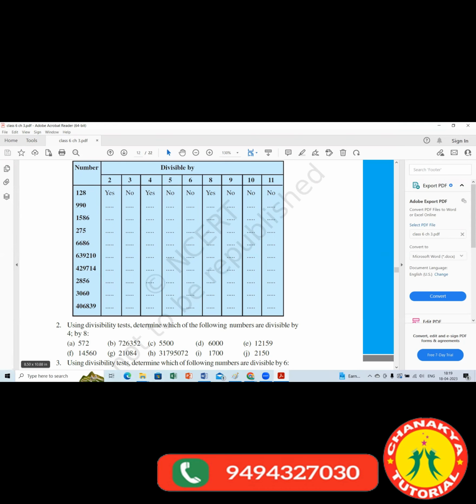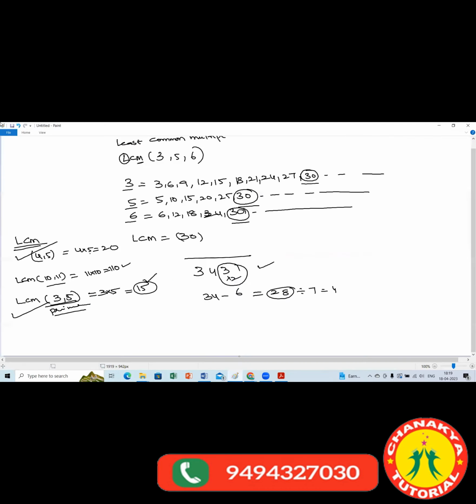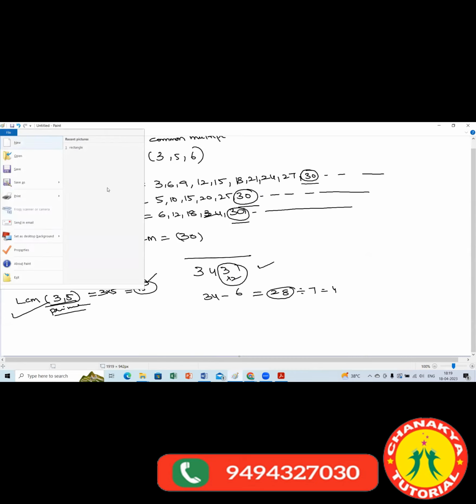Please look very carefully. No need to write much in the notebook, children. You have to remember with examples. Rule 2, what you said: the units digit or ones digit should be even.